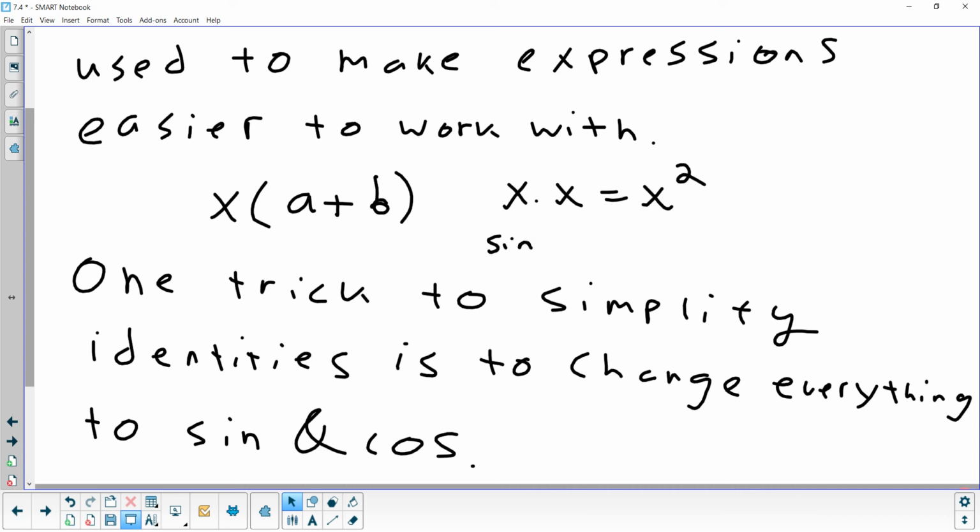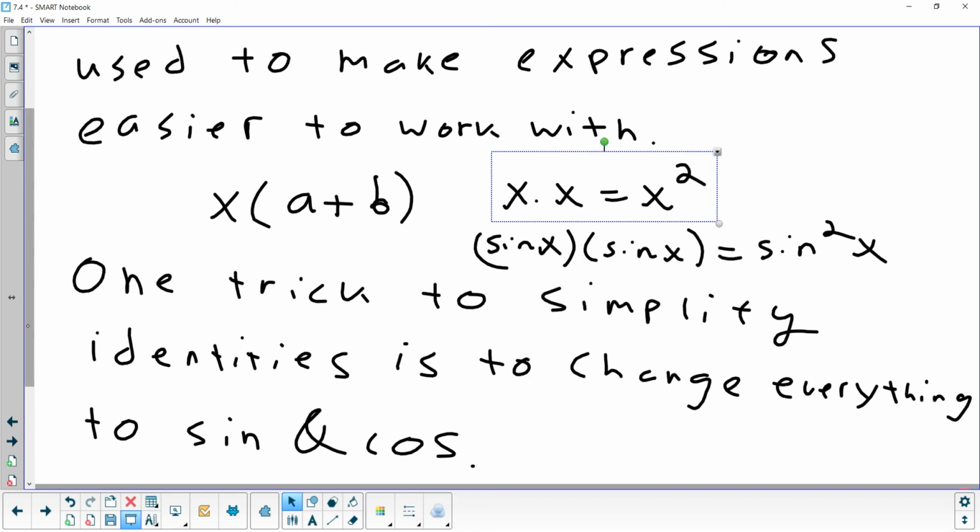Well, sine x times sine x is sine squared. It's the same exact thing as doing x times x. If you had x plus x, that's 2x. Sine plus sine, that's 2 sine. All those rules still apply when you use a function instead of just a variable. And we're going to see lots of trig functions.